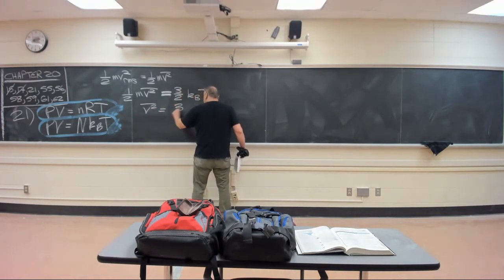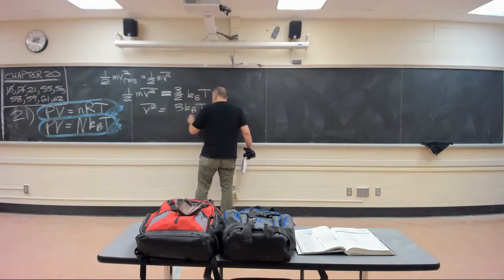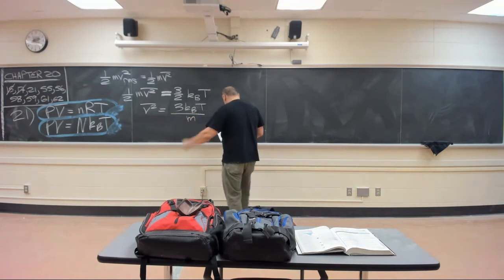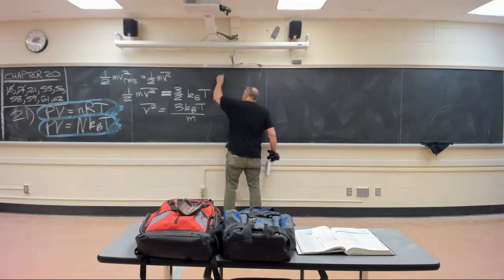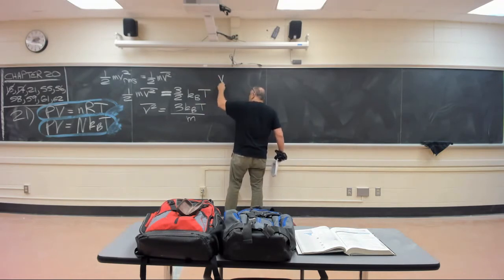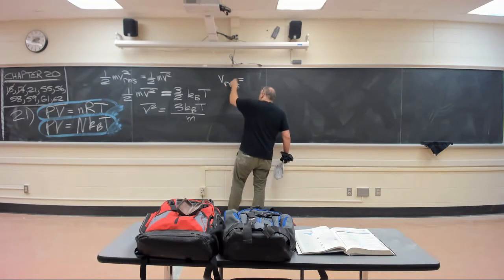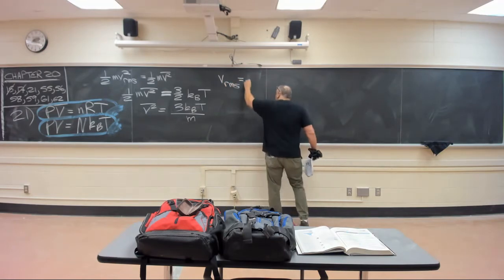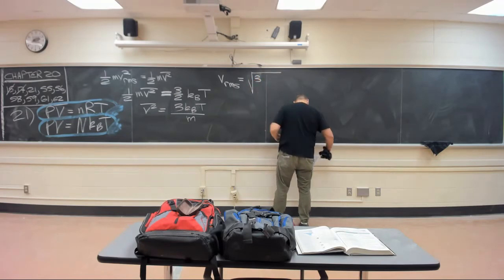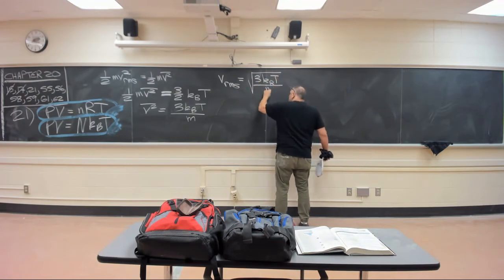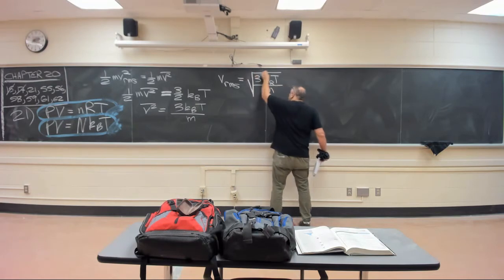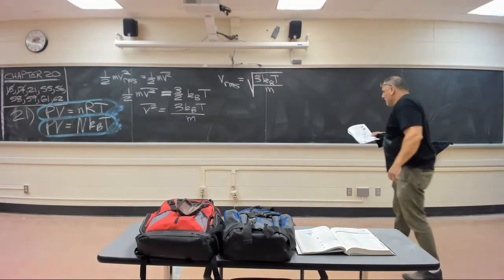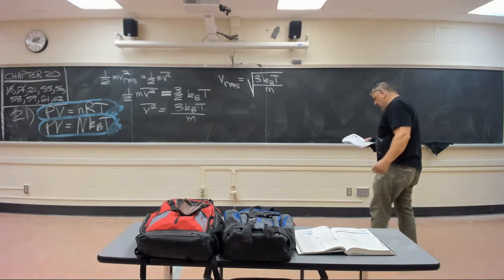Okay, this is obviously looking very, very familiar. Square root each side. If you square root the average of the squares, you get the root mean square. And that's equal to... So there it is. Absolutely.